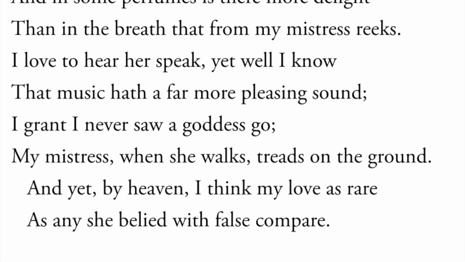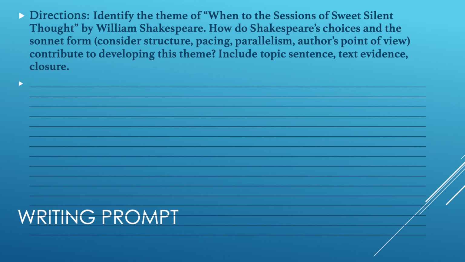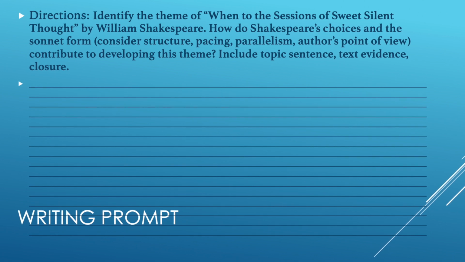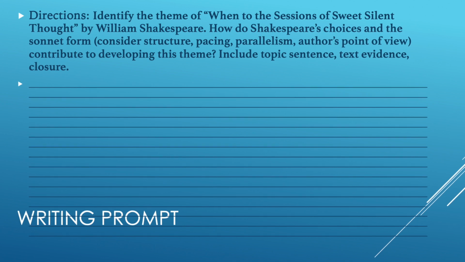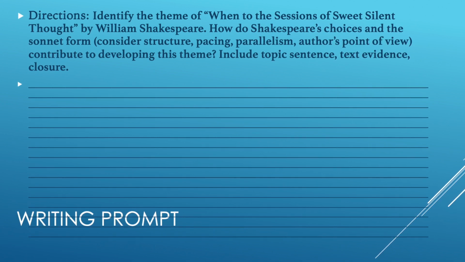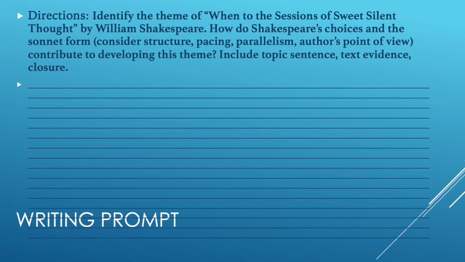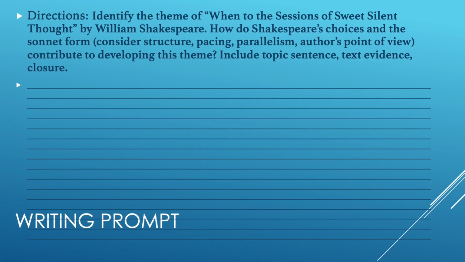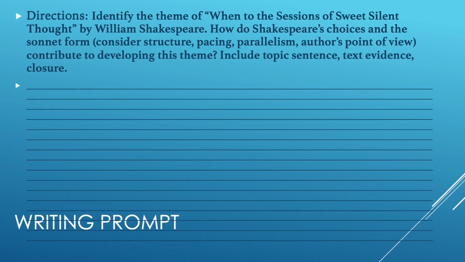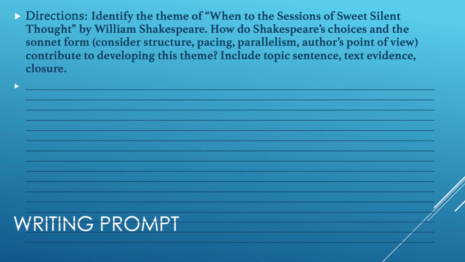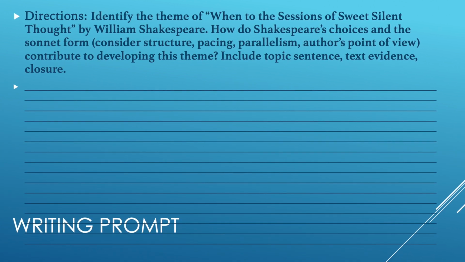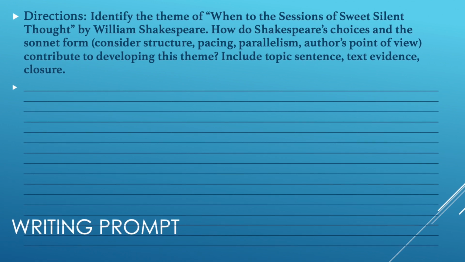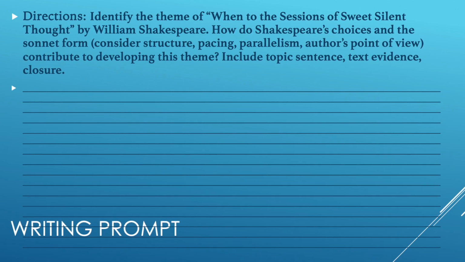Okay, so now here is a writing prompt that you can use when you're teaching sonnets, and if you want to use "When to the sessions of sweet silent thought" as your example. You're going to have students identify the theme of that sonnet. How do Shakespeare's choices and the sonnet form, which includes the structure, the pacing, parallelism (I didn't talk about right now, but I'll get to it), author's point of view, how does that all contribute to developing the theme?